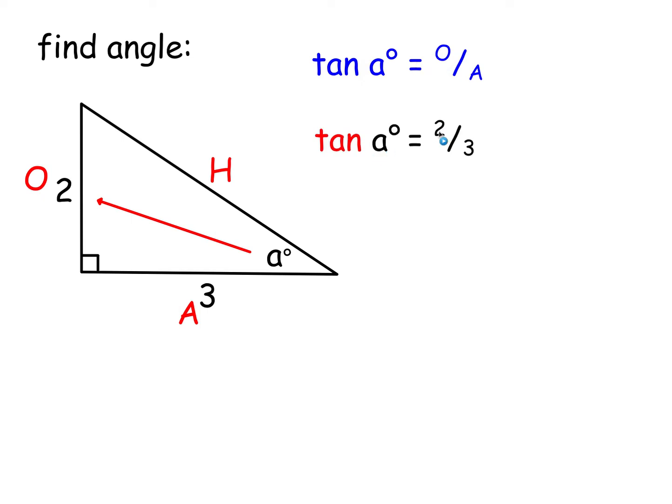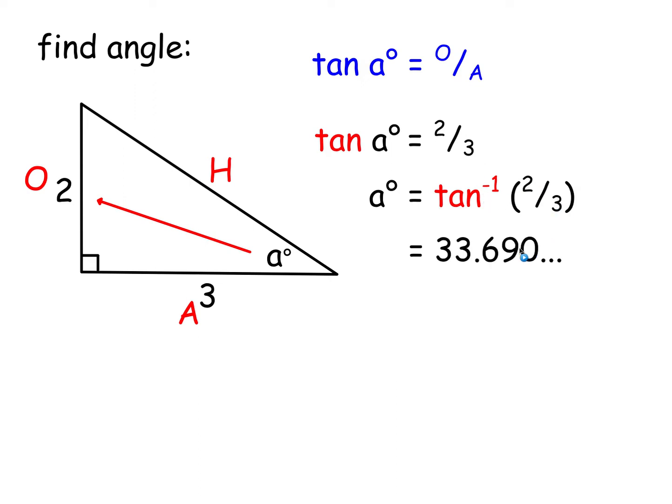The tangent of the angle is 2/3. To get rid of this tan here, in the calculator you inverse tan. So you press the button marked inverse tan. You inverse tan the ratio 2/3. Up comes the answer. You write it down and then you round it as appropriate. 4 lines of working. This was the tangent function, opposite over adjacent. Find the angle, inverse tan.